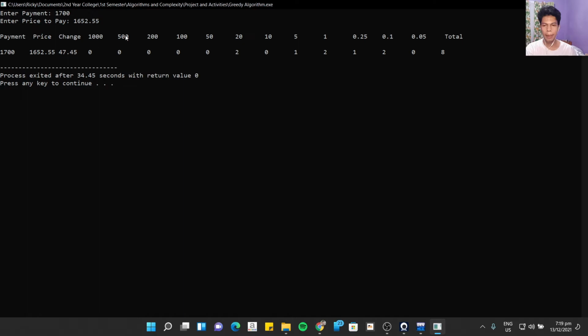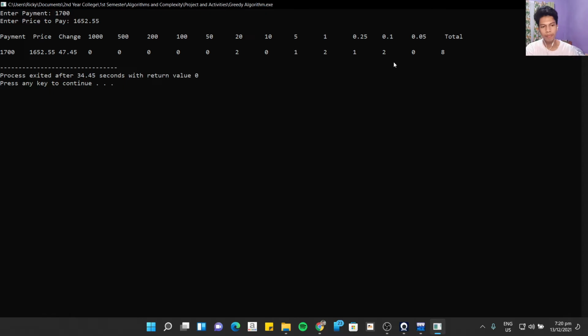And the program shows the denominations that the cashier needs to give to the customer: 1 piece of 20 pesos, 1 piece of 5, 2 pieces of 1 peso, 1 of 25 cents, and 2 pieces of 10 cents, which is a total of 8. It means the number of denominations is equivalent to 8.